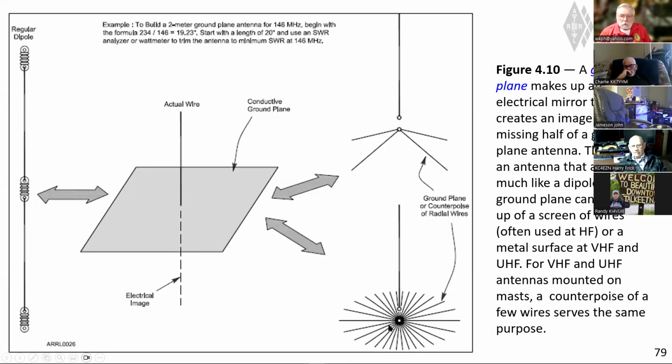This is common when you put in a lower frequency vertical. Then they'll have as many as you want to put around it, radials, to create that conductive plane. And back over here on the left is the regular dipole with 2 insulators and one in the middle, and this is where you connect your feed line.